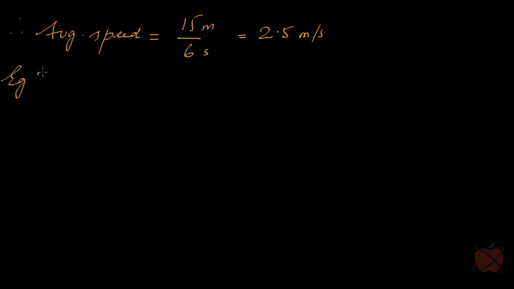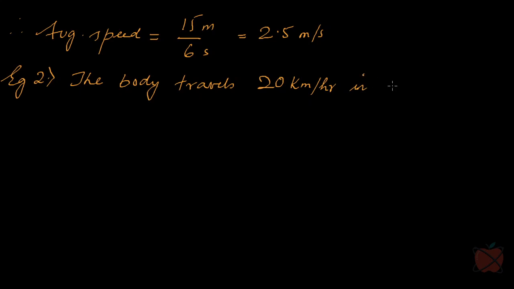Let's take another example. Example 2. Let's say the body travels 20 kilometer per hour for 30 minutes, and 40 kilometer per hour for 50 minutes.